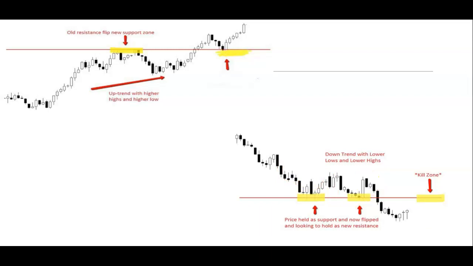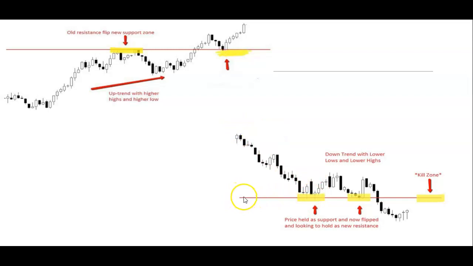Now that we have identified the downtrend, the next thing we want to do is take our time to spot a price flip, so we can identify our Q zone. Now look at this. Price dropped into this zone.